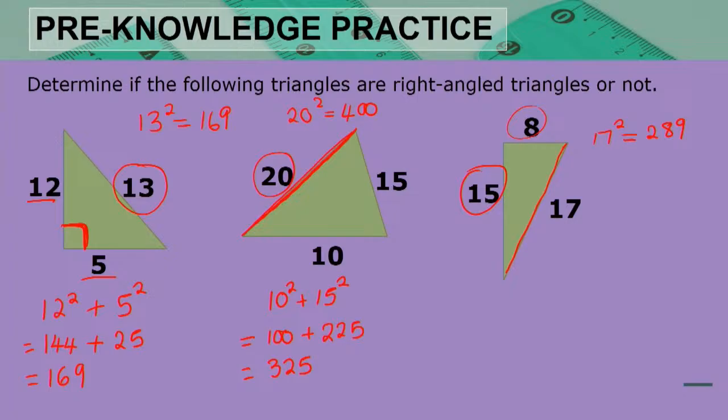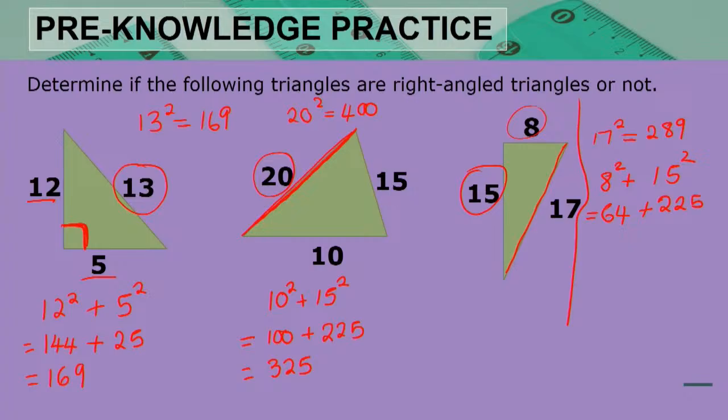That is 8 squared plus 15 squared. 8 squared is equal to 64, plus 15 squared, which is equal to 225.